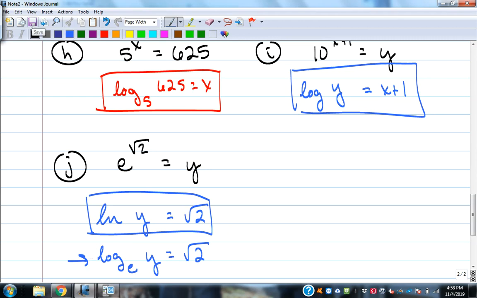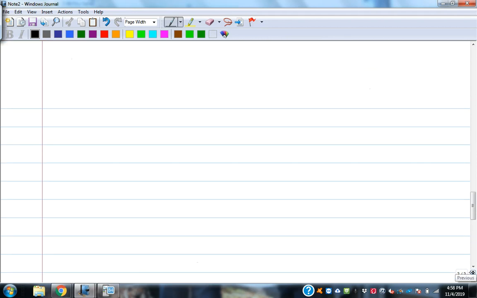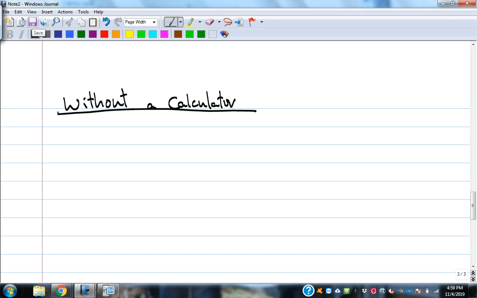Now let's put this to work and actually work out some logarithms and evaluate them without a calculator, and we'll do some with a calculator. My students always ask, why do we have to do it this way? We paid $100 for this calculator. Why am I not getting to use it? Nobody said you couldn't use it.